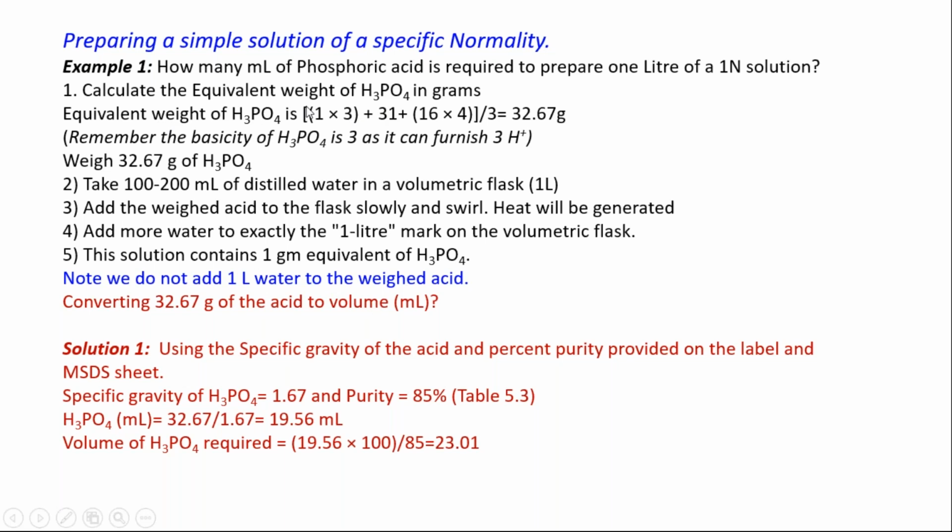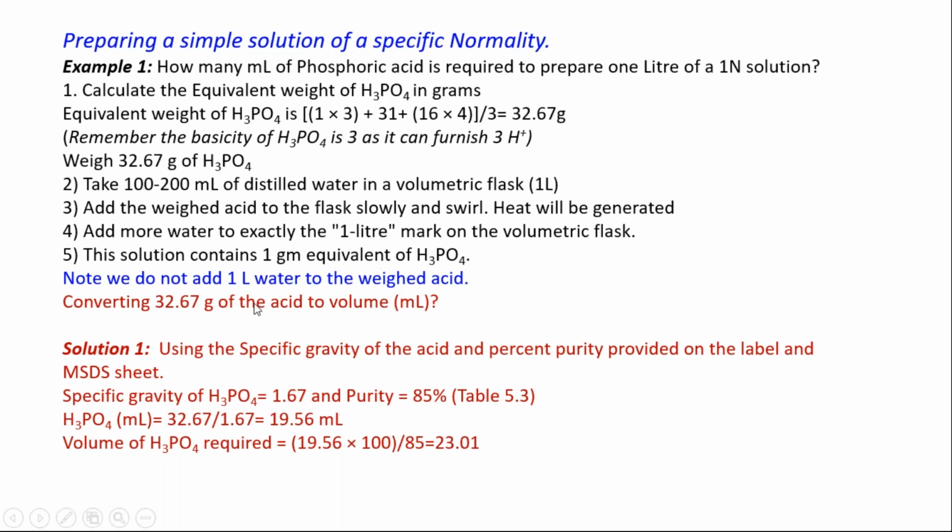So if you take the molecular weight of phosphoric acid and divide it by 3, you get 32.67. Okay, so take 100 to 200 ml of distilled water in a volumetric flask, add the weighed acid to the flask slowly, heat will be generated, cool it, add water to the 1 liter mark.